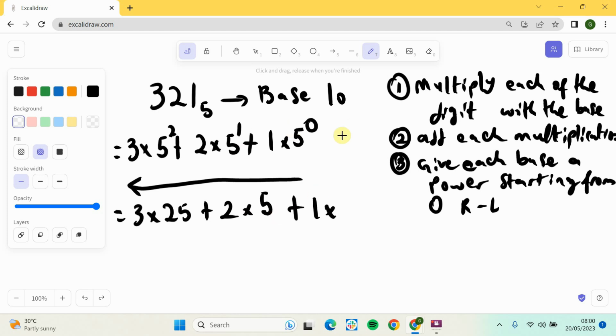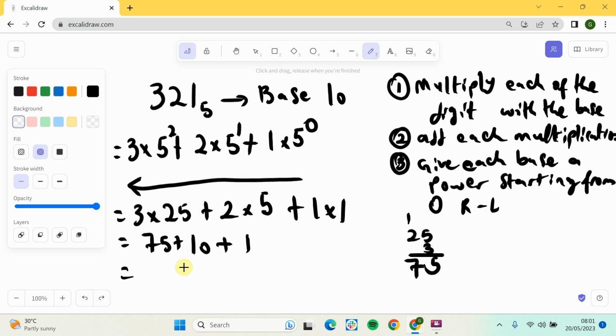5 raised to the power 0 is 1. So 25 times 3 gives you 75. 2 times 5 gives you 10. 1 times 1 gives you 1. So 75 plus 10 is 85, and 85 plus 1 is 86.